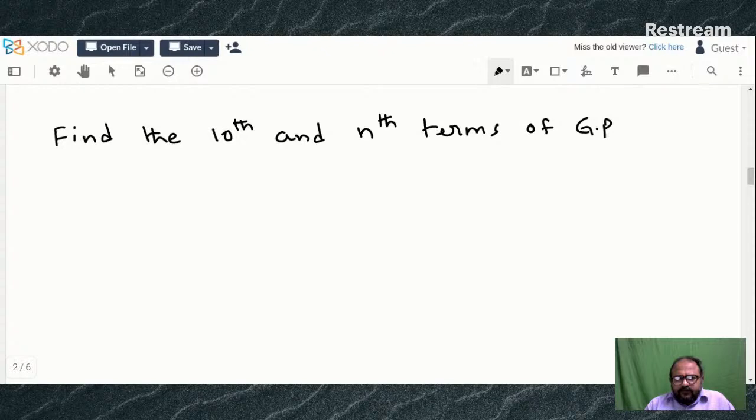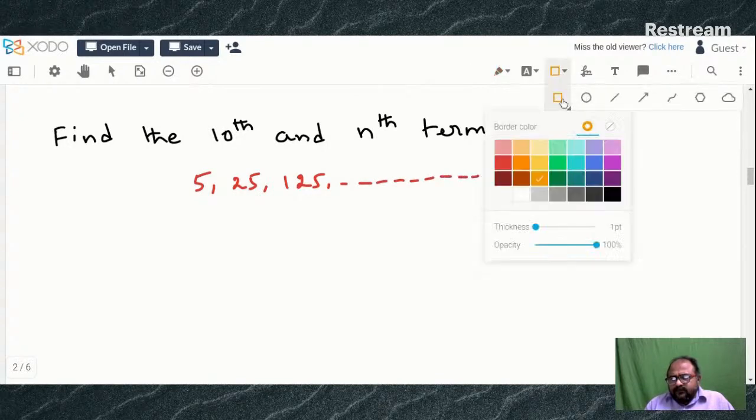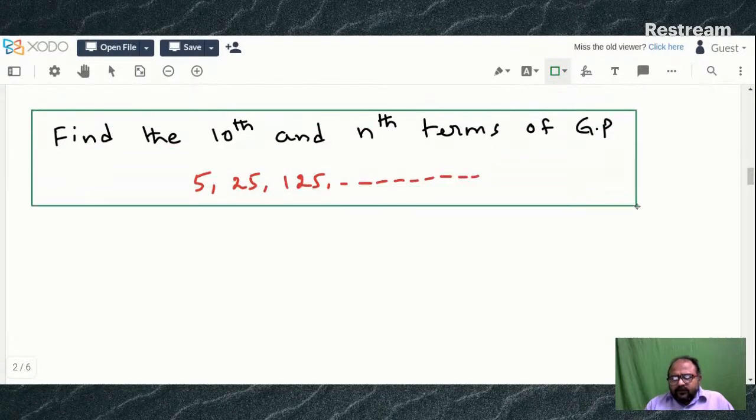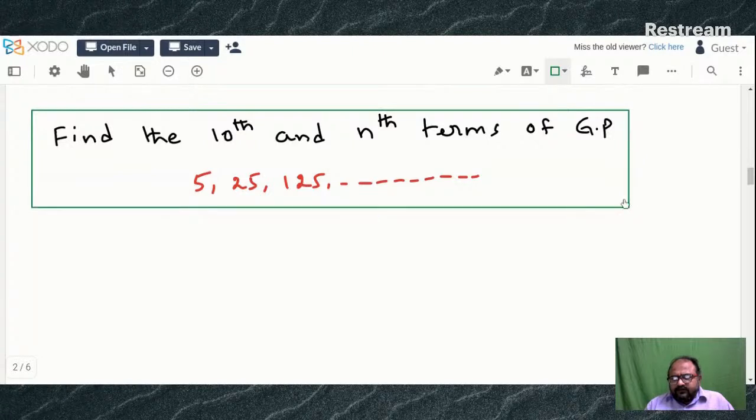5, 25, 125, and so on. So here a list of numbers is given to you, and that list of numbers is in geometric progression.